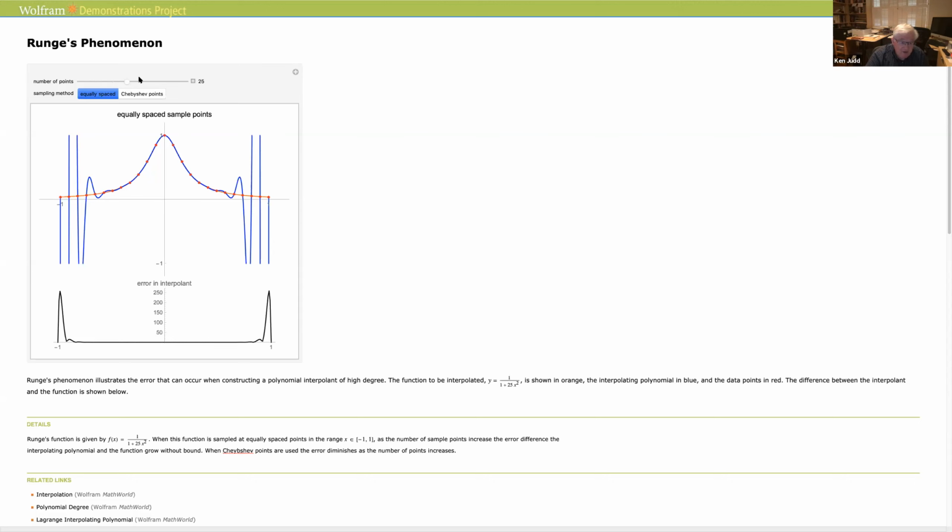Basically what's happening is as you increase the number of points, you're going to get a better and better approximation within this range, which is roughly -0.6 to 0.6, but it's going to get increasingly worse outside. And so the errors explode into the hundreds of thousands in this outer region.